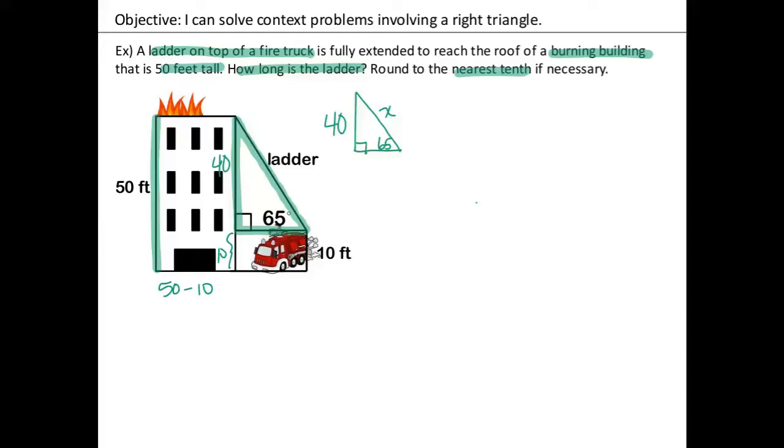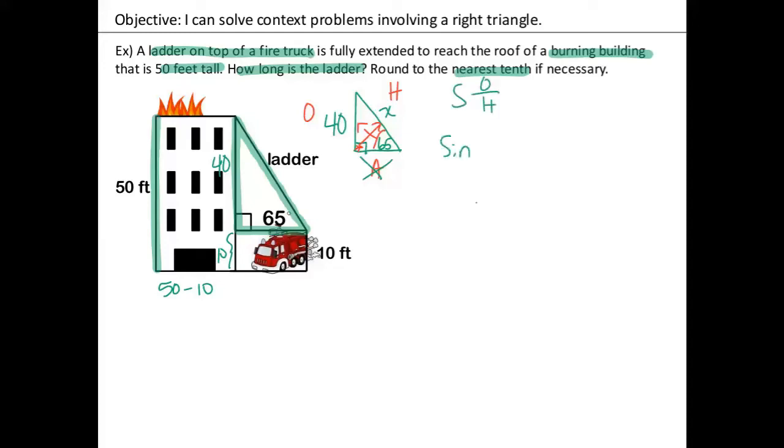Now we can use SOHCAHTOA to solve for X here. Okay, so what's across the angle? Opposite. Across the 90 is H. And then we have the adjacent side down here. We don't have an A, so what trig function is this one?